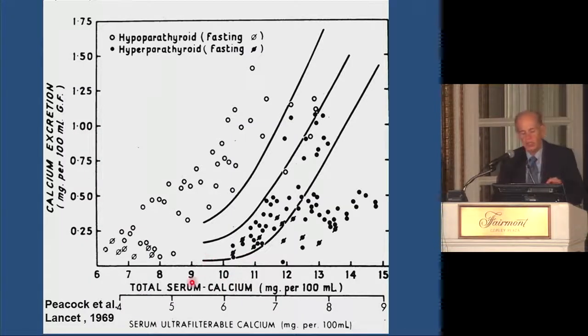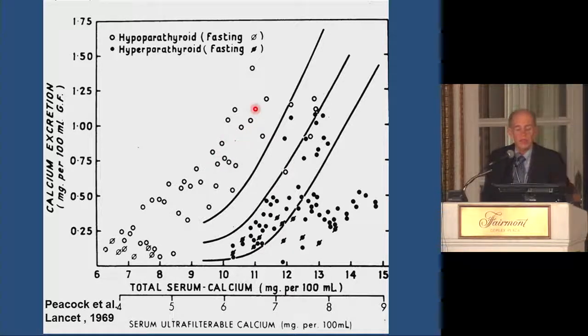If you understand this graph by Monroe-Peacock, you understand PTH. Fasting hypoparathyroid patients have low serum calcium, little calcium excretion. Fasting hyperparathyroid patients, right, with the line through it, have high serum calcium. This is the normal 95% confidence interval. If you take a hypoparathyroid patient and infuse calcium, serum calcium goes up, but urine calcium really goes up because there's no PTH to hold on to that calcium at the level of the kidney.